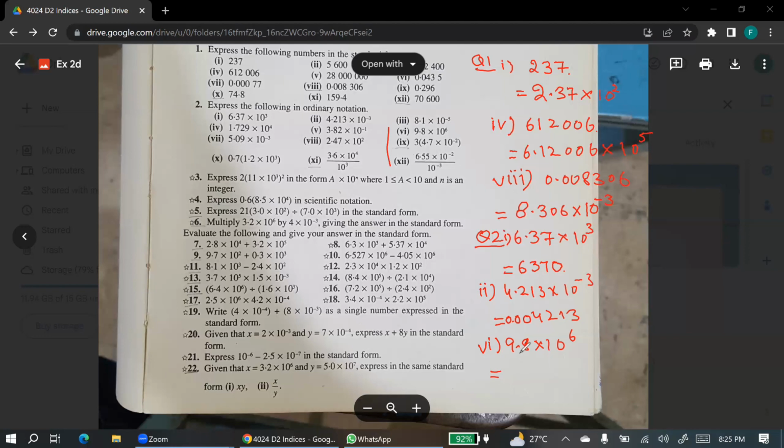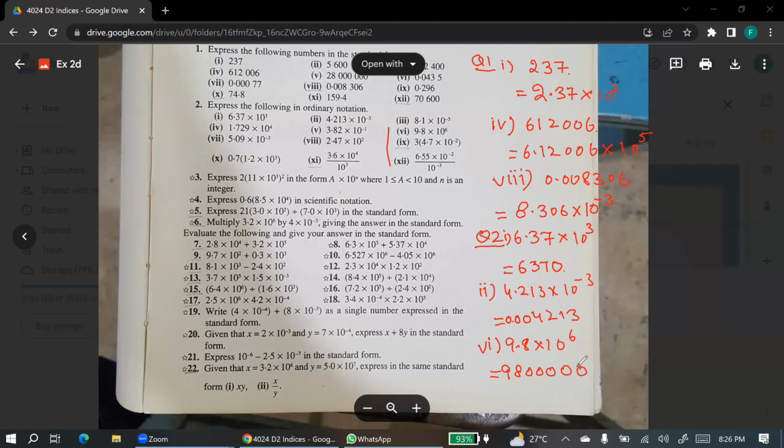So we will move the decimal point towards the right side, 6 digits. 1, 2, 3, 4, 5, and 6. This one is the final answer.